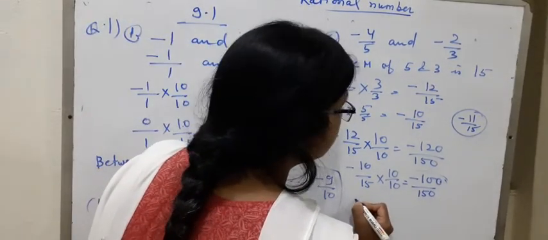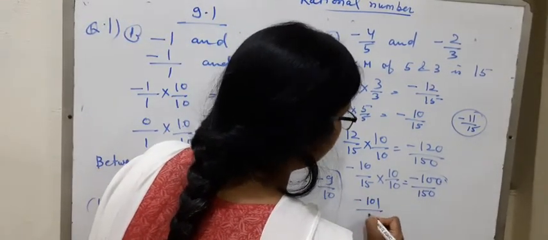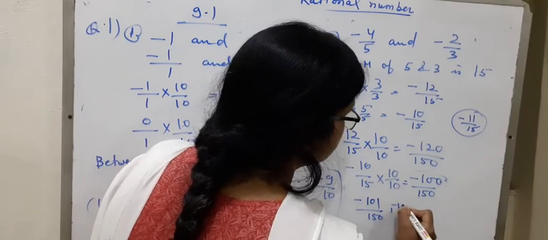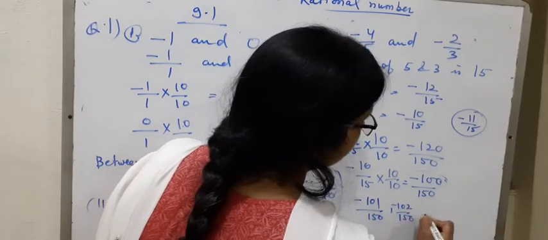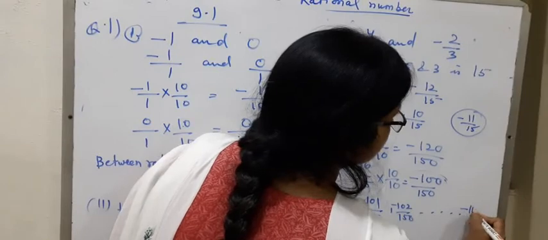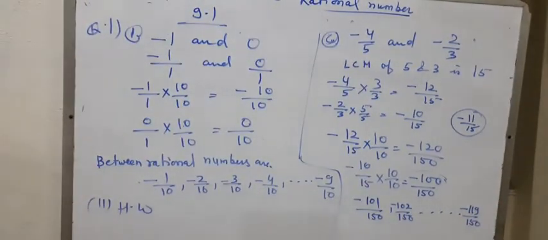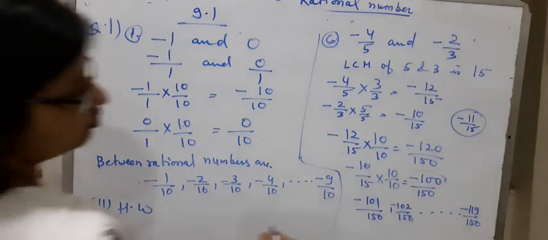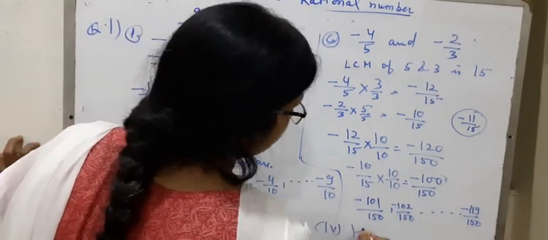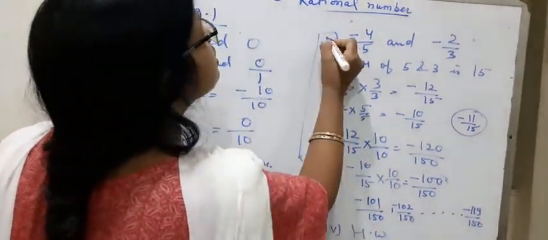They are minus 101 by 150, minus 102 by 150, up to minus 119 by 150. We choose any 5 rational numbers. And D, the fourth one, is your homework. This was C, the third.